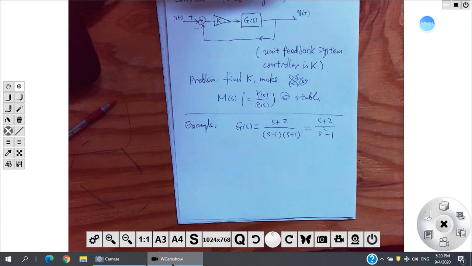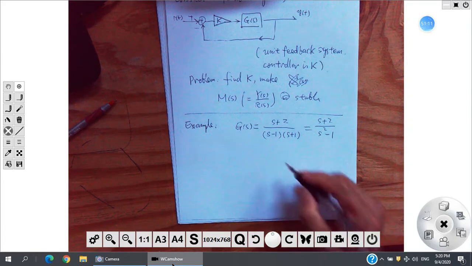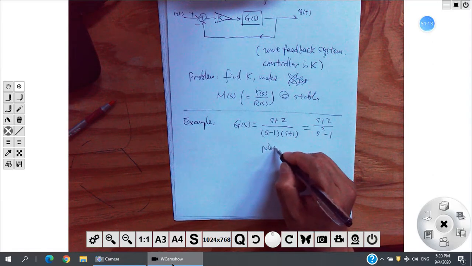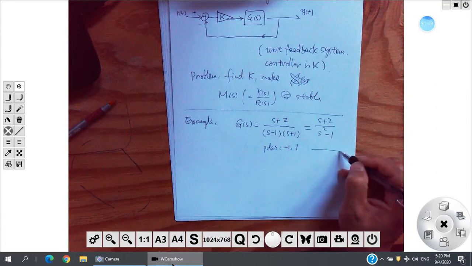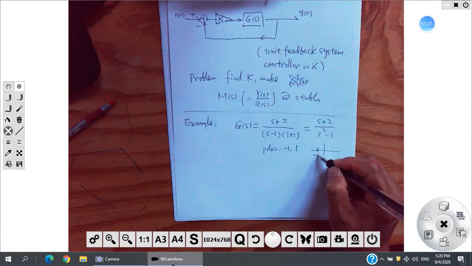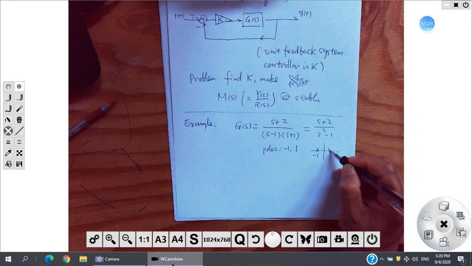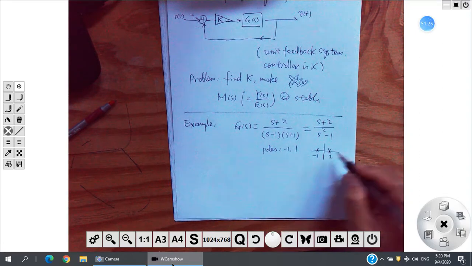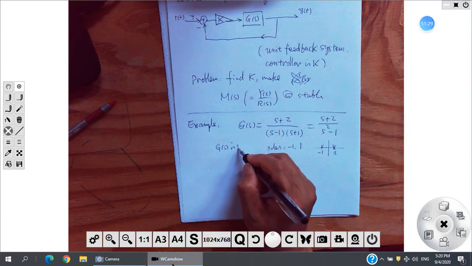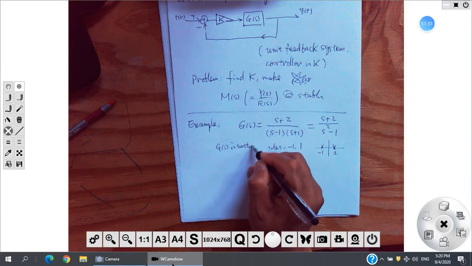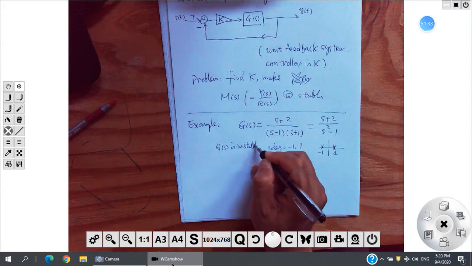So this is unstable, because I have poles at minus 1 and 1. One pole in the left side is no problem, but the other pole is in the positive side. So G is unstable.